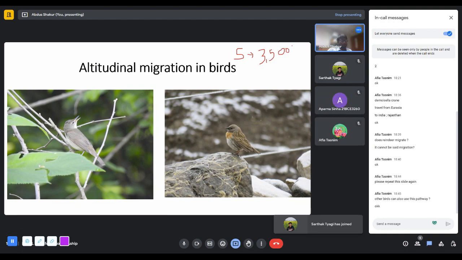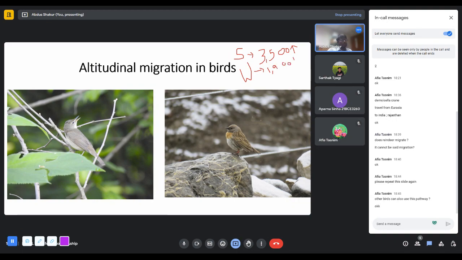Only at that elevation do you see the species. But in winter, the species will be seen from, let's say, 1,900 meters itself, because it has come down.